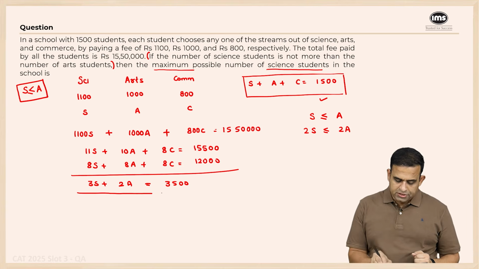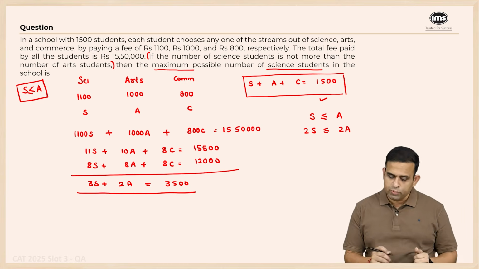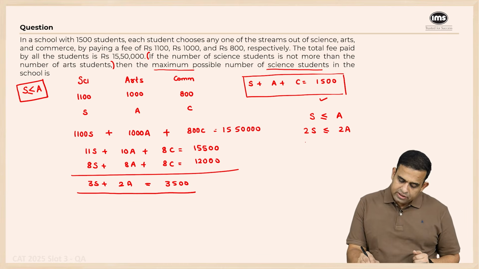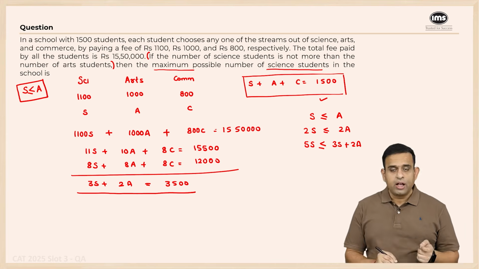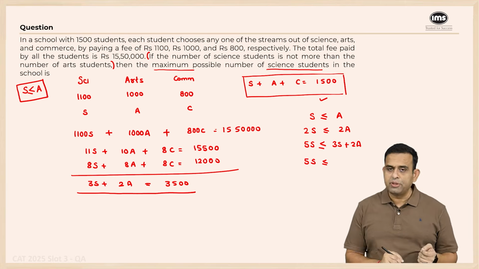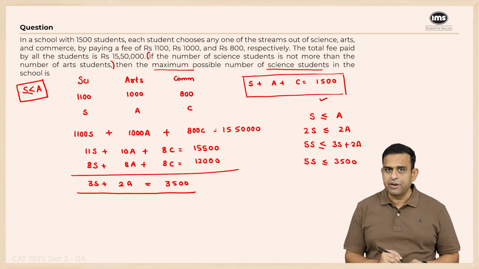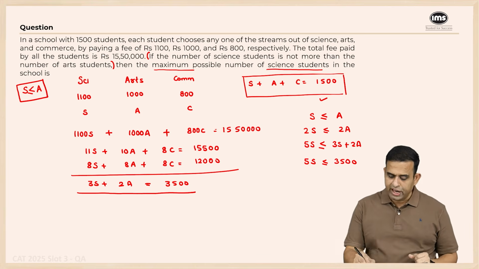Now let's add 3S on both sides. This becomes 5S less than or equal to 3S + 2A. And what is known to us is that the term 3S + 2A is 3,500. So if I now divide by 5, I will get S less than or equal to 700.